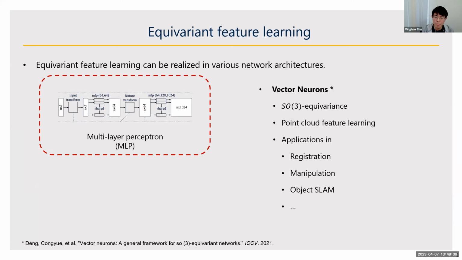And this work can be applied to point cloud feature learning. It has been applied in various robotic tasks, including point cloud registration, object manipulation, and SLAM systems, you name it. There are probably more coming out. So I will be introducing this framework to you now.